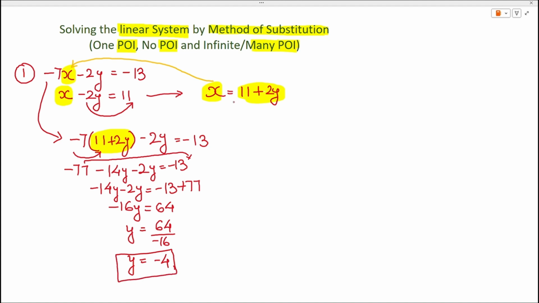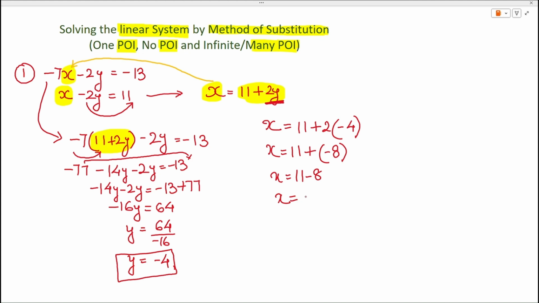And now we have to solve for x. So we can substitute the value of y over here into this equation and try solving for x. So x is equal to 11 plus 2 times y. Y is negative 4. X is equal to 11 plus negative 4 times 2, which is negative 8. And x is equal to 11 minus 8. And x is equal to 3.